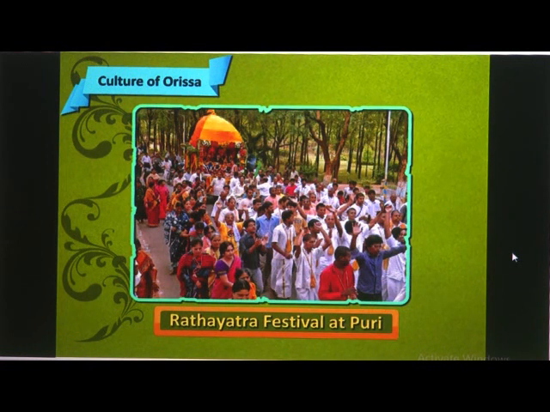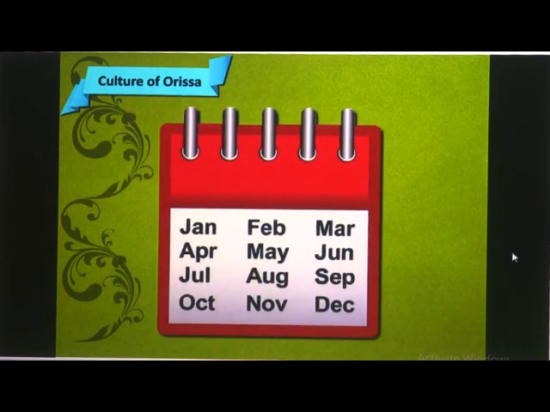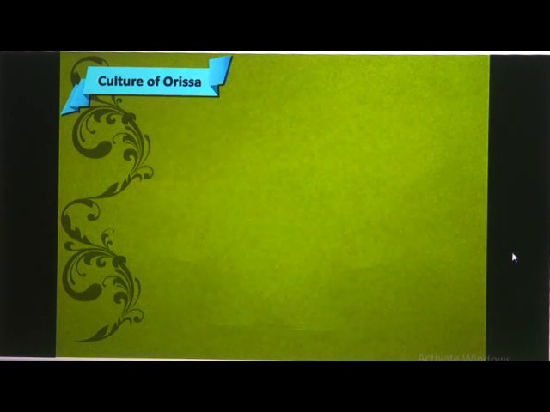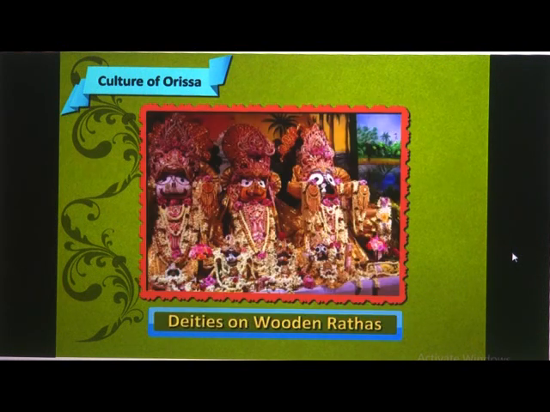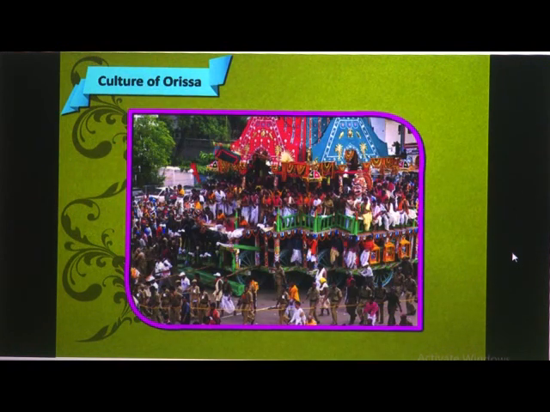Rath Yatra is one of the important festivals at Puri. It is celebrated annually in June or July and attracts more than 1 million pilgrims every year. The deities are taken on wooden raths through the streets of Puri so that everyone can have the fortune to see them.